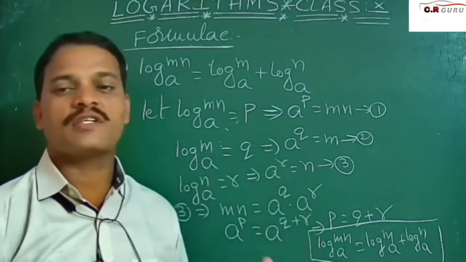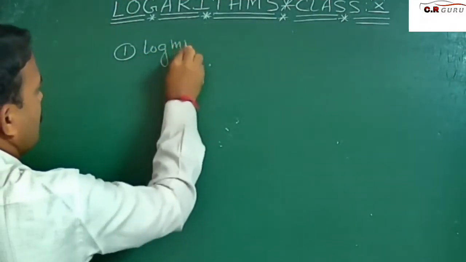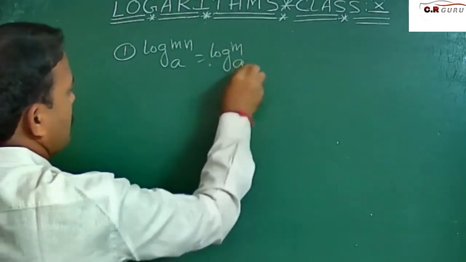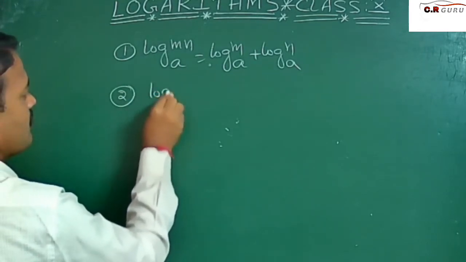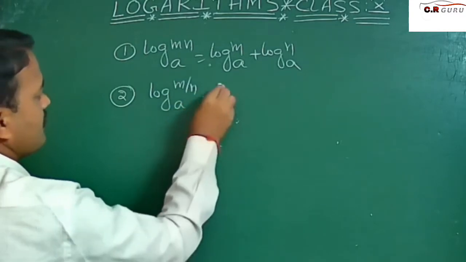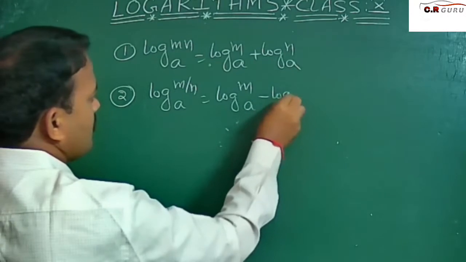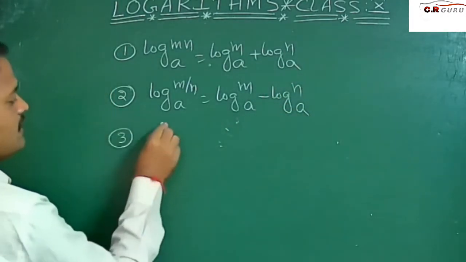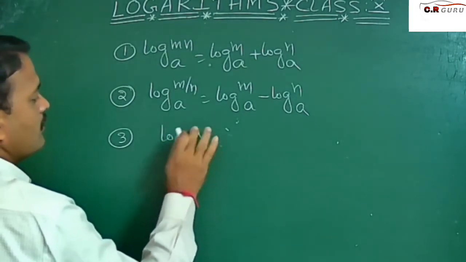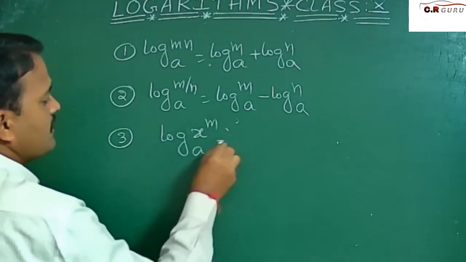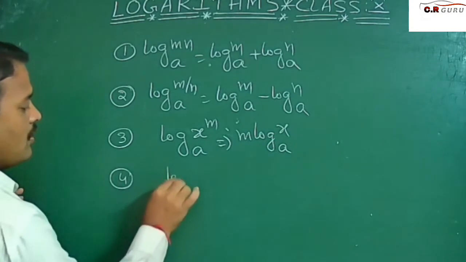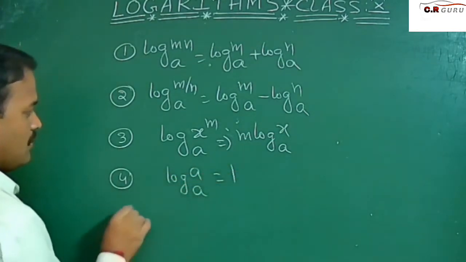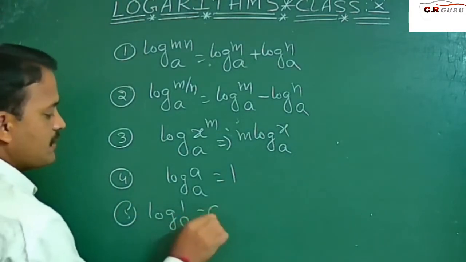Based on that, the remaining proofs are also there, but directly I want to explain what the formulas in logarithms are. The first formula is log of mn base A is equal to log m base A plus log n base A. Similarly, the difference formula: log of m by n base A is equal to log m base A minus log n base A. And the third one is log of x power of m base A is equal to m log x base A. Similarly, log A base A is equal to 1, and log 1 base A is equal to 0.